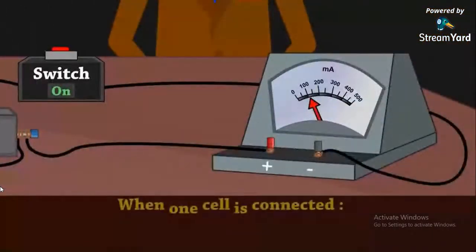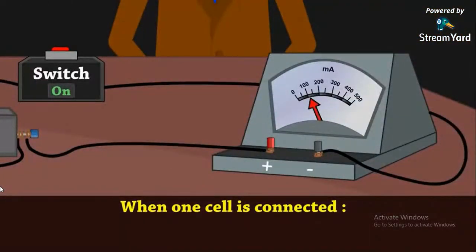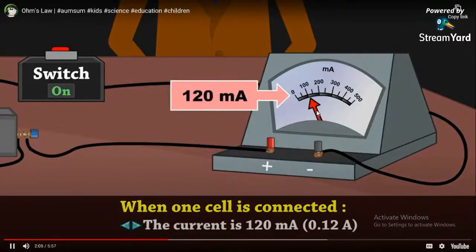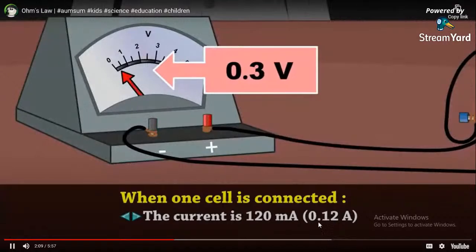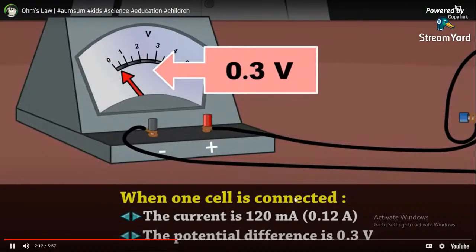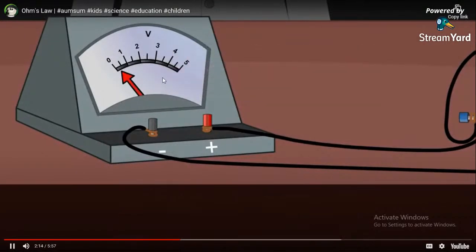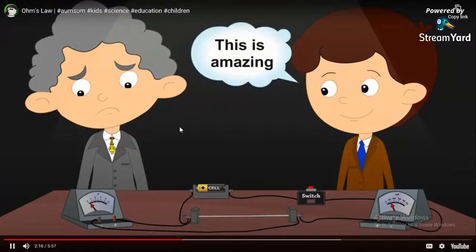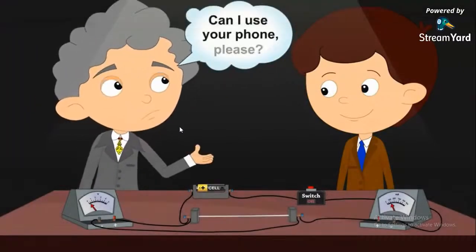And then, of course, sa ating ammeter, yung nagsusukat ng current, meron siyang value na 0.12. And sa ating voltmeter naman, kung sa voltage, meron siyang value.